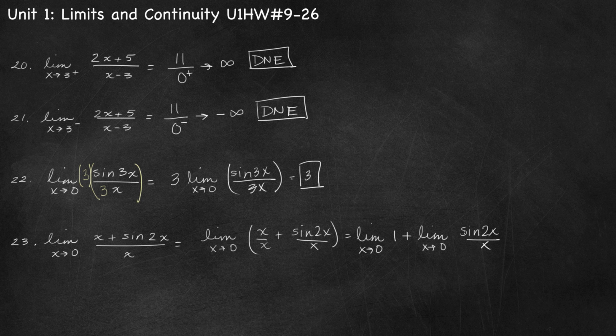So for the second limit here, I'm going to multiply by 2 over 2, and this 2 we can bring outside of our limit. So this is equal to, the limit as x approaches 0 of 1 is 1, plus 2 times the limit as x approaches 0 of sine 2x over 2x, which is 1. So our limit here is also 3.